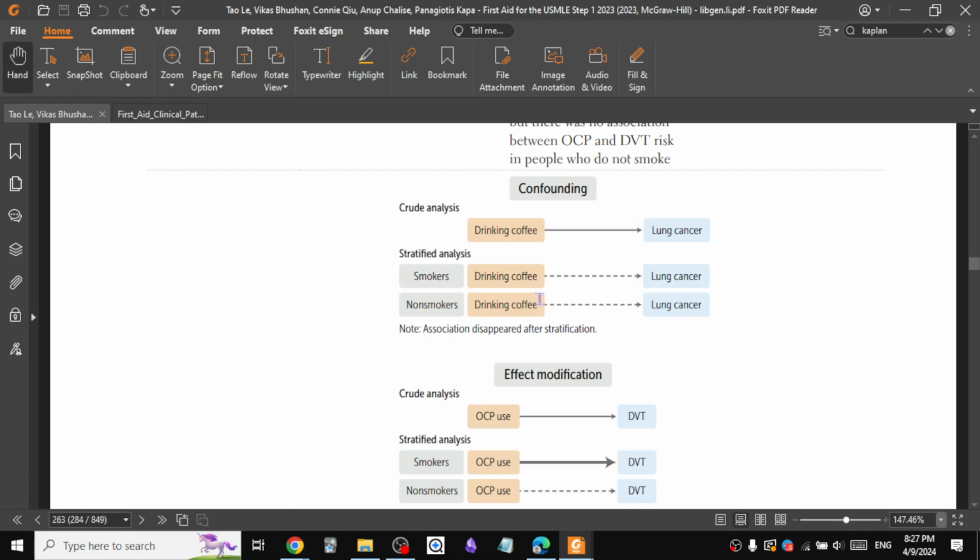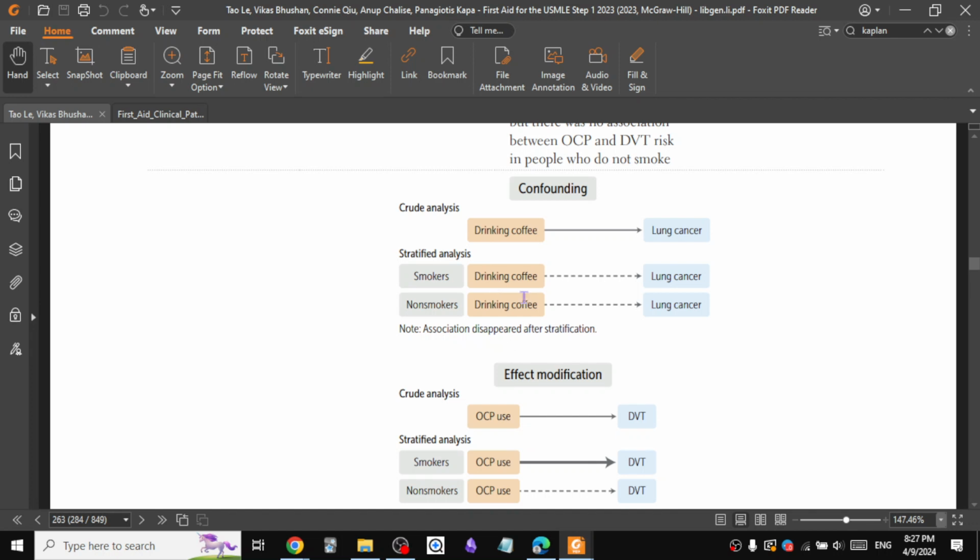Now, confounding is interesting because it can affect both the independent variable and the dependent variable. Remember that. You have a third party, a middleman or something like that, that is affecting both the independent variable, which is the cause, and the effect, right?